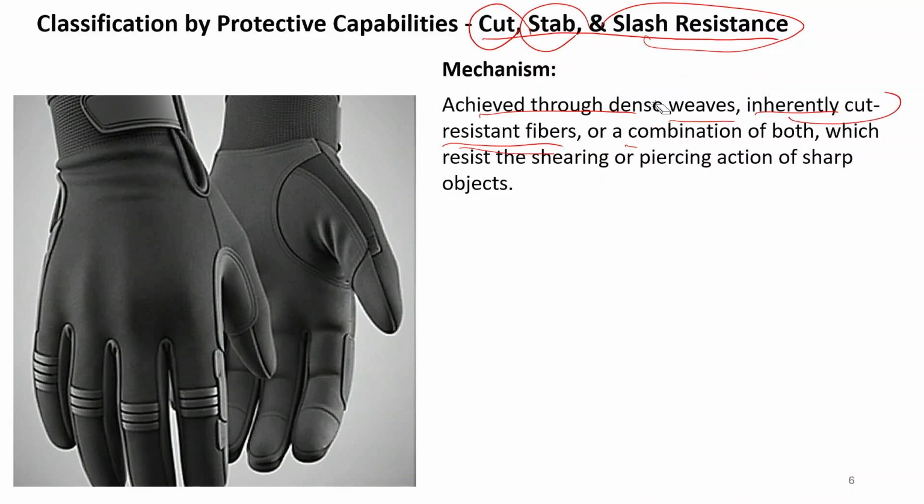The fibers we use in combination resist the shearing or piercing action of sharp objects. A cut or slash takes place due to the shearing action, and piercing is controlled by the dense weave, that is a stab type of thread, while the shearing action is resisted by the inherently cut resistant fibers.